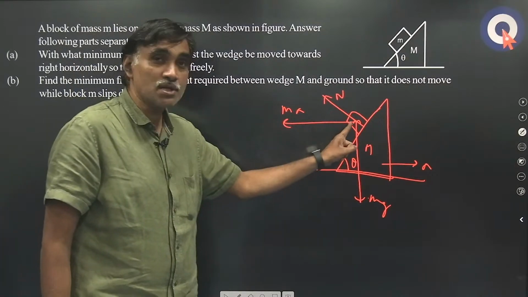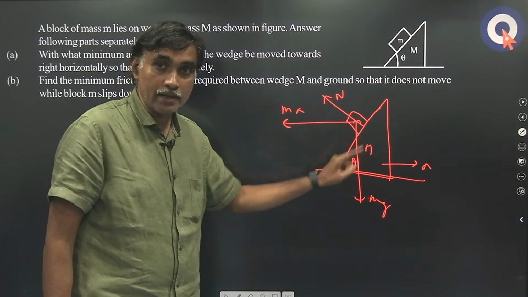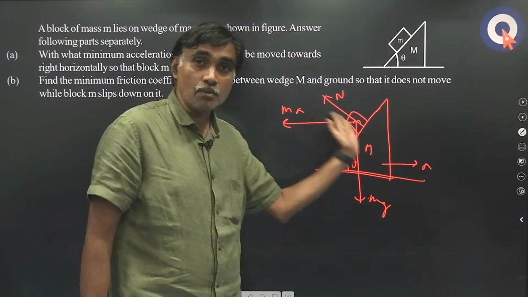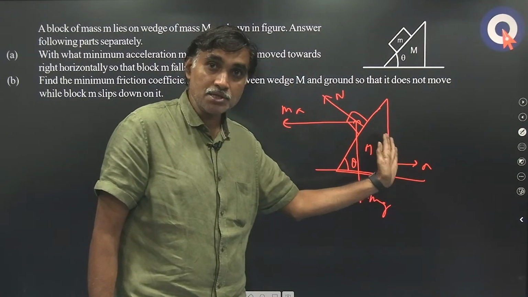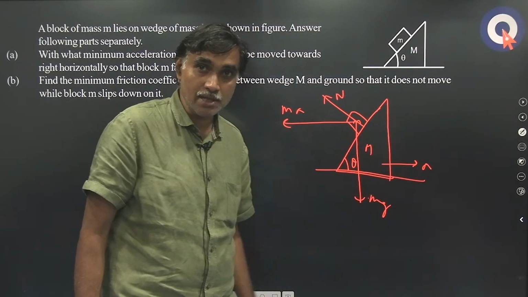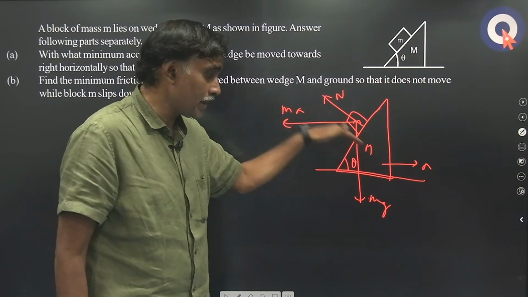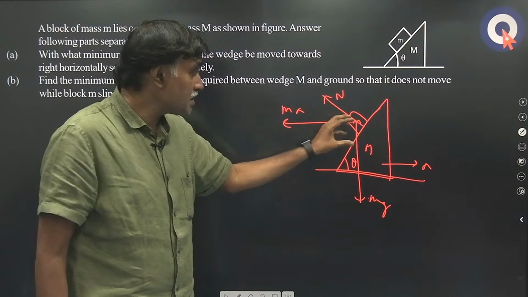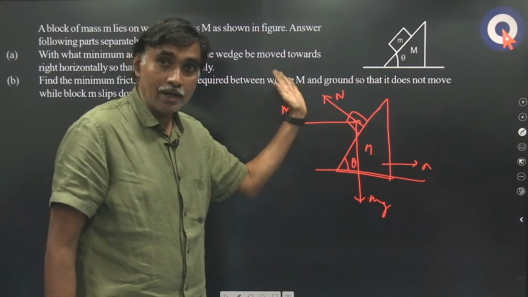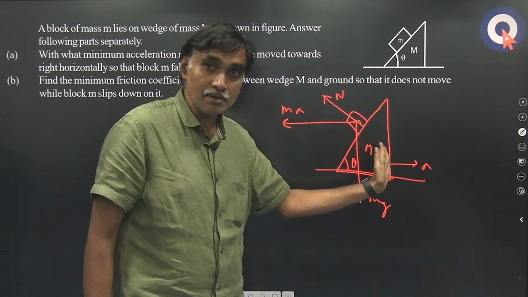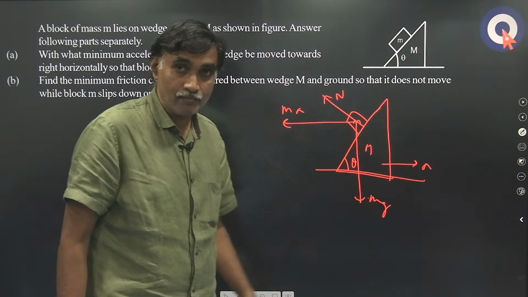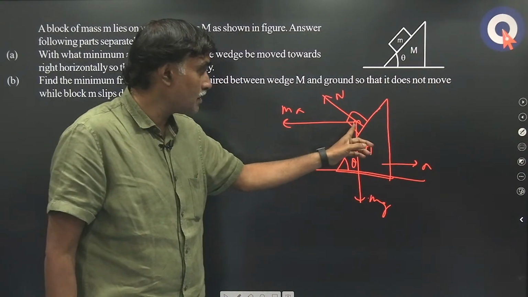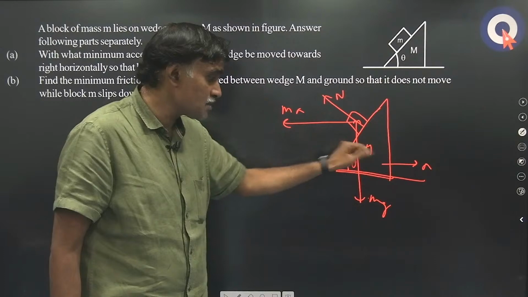And if it just loses contact, when two blocks are in contact, then along the normal, their velocities have to be same and accelerations have to be same. So when two blocks are in contact, along the normal, accelerations have to be same. Now they are just in contact. Also, along the normal, their accelerations are same. Okay. So along the normal, the net force acting on this with respect to this should be 0.